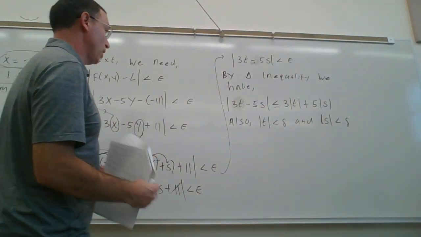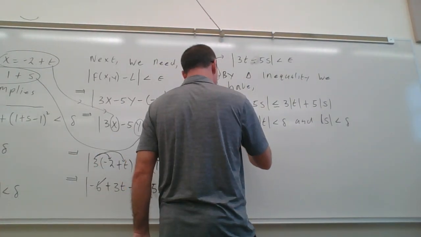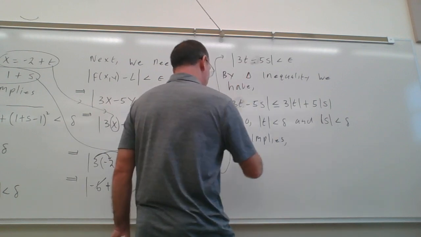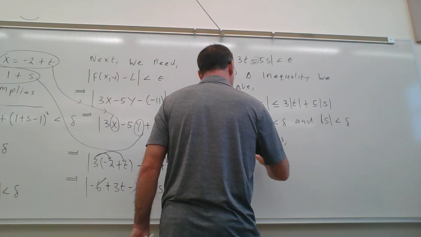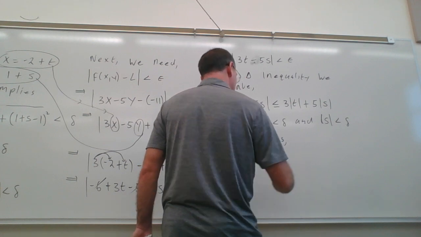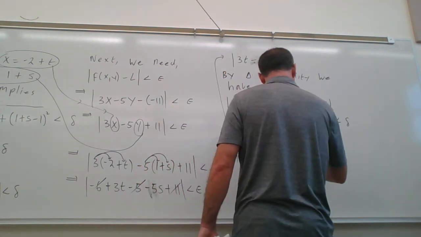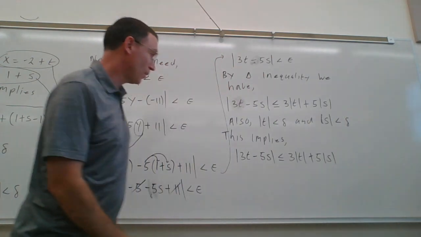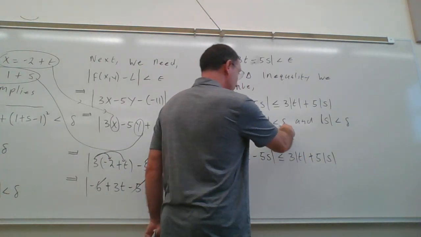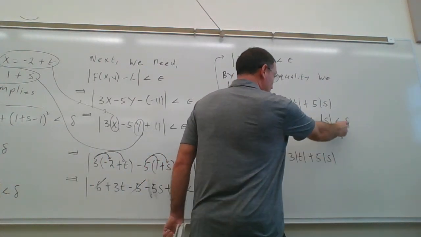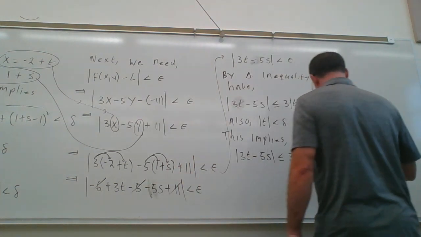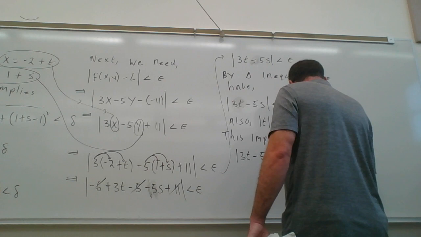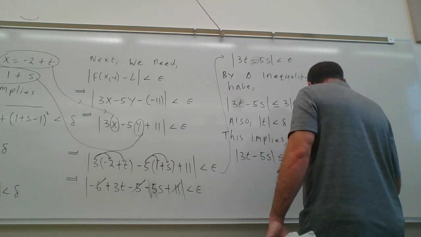So this implies that the absolute value of 3t minus 5s is less than or equal to 3 absolute value of t plus 5 absolute value of s. But the absolute value of t is less than delta, and the absolute value of s is also less than delta. So then this will be less than 3 delta plus 5 delta, which is 8 delta.